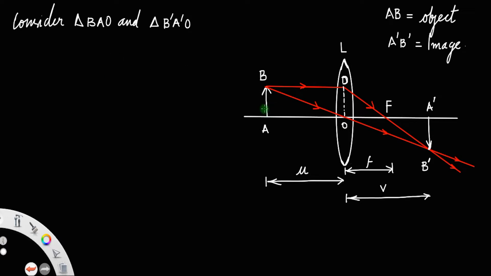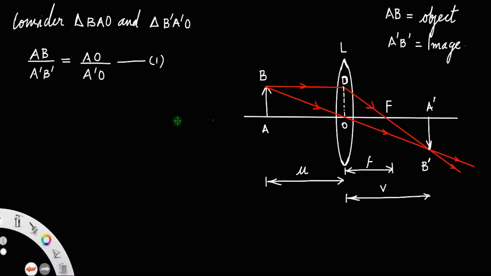So you can write AB divided by A dash B dash is equal to AO divided by A dash O. Clear? Let's call that equation number 1.